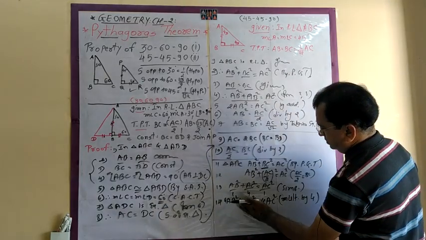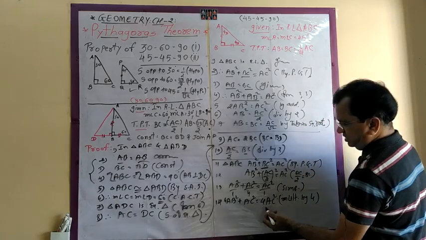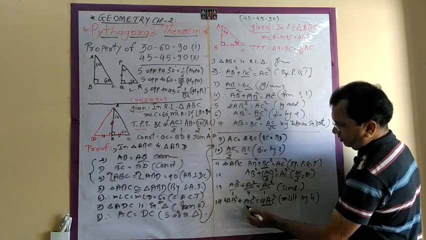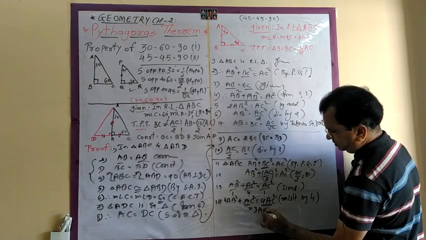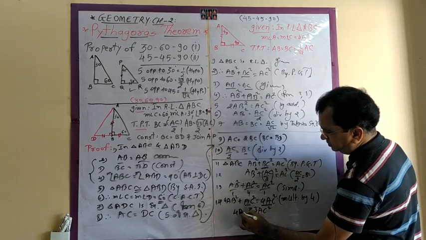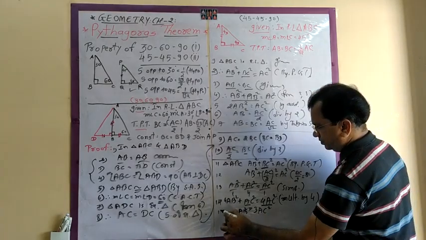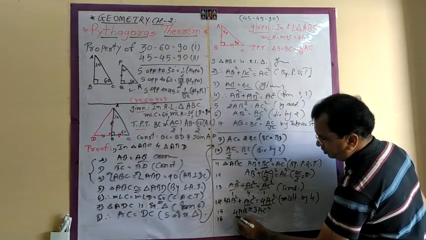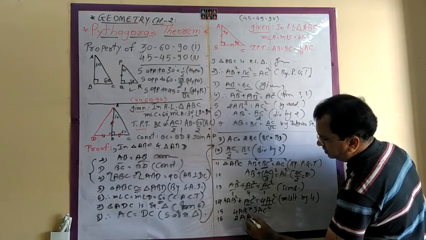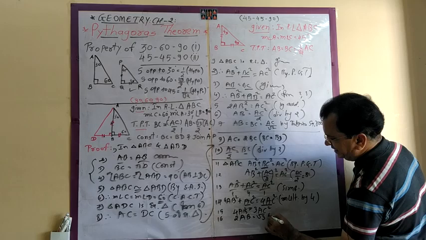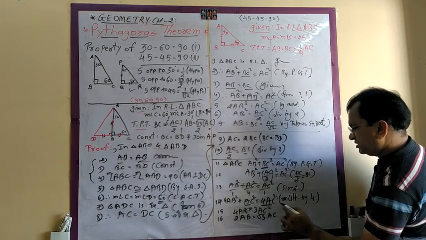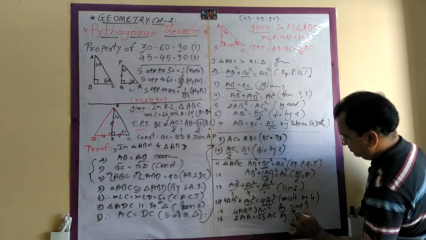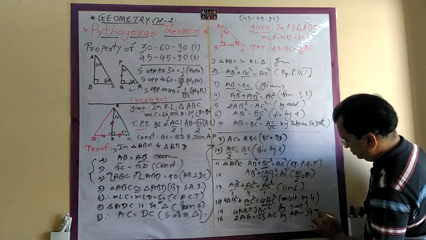Now this AC square will reduce one time from here, subtract. So 4 minus 1 is equal to 3AC square. So 4 AB square is equal to 3 AC square. Take square root of all the things. 2 AB, square root of AB square is AB, square root of 3 is root 3, square root of AC square is AC.